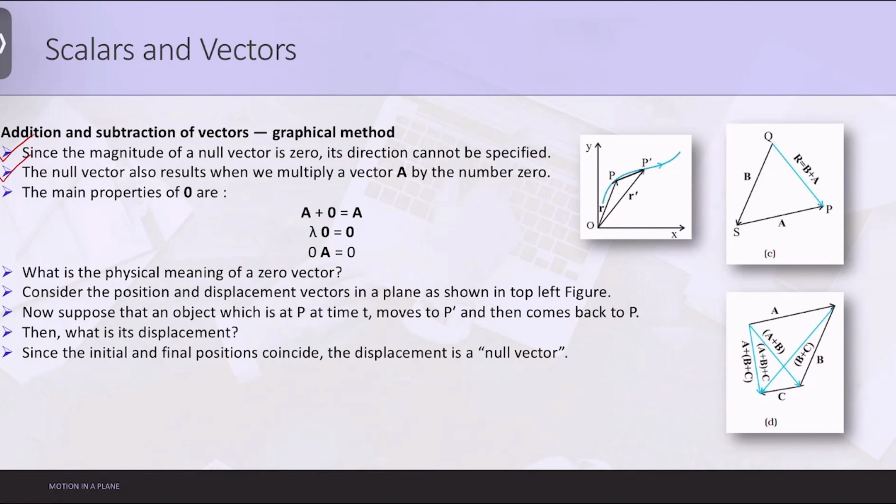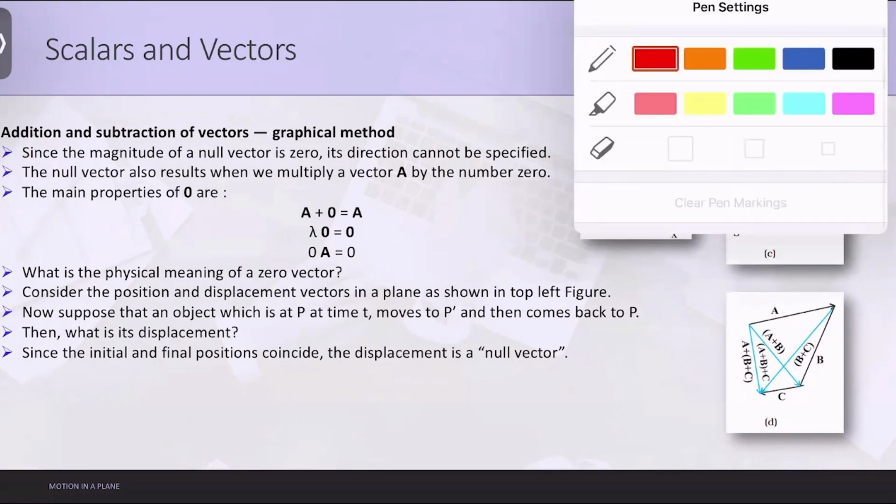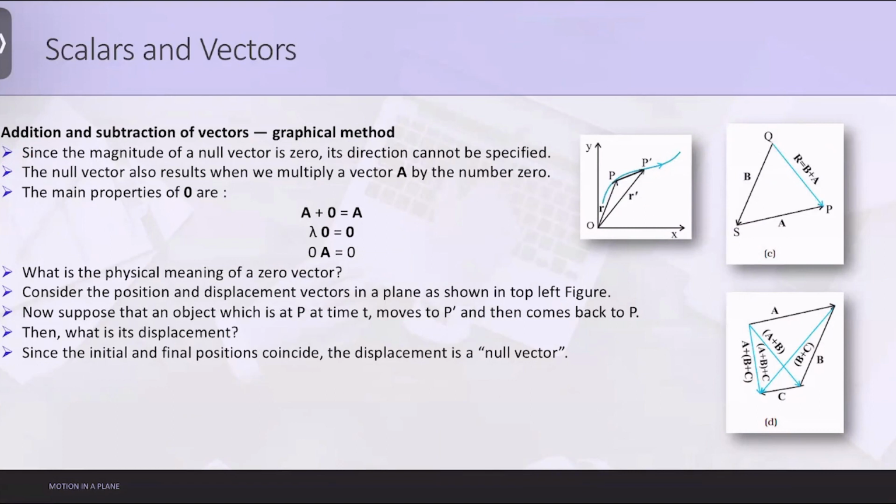As we understood in the previous example, when we consider multiplication by a real number, let us say there is a number lambda and we multiply this by A; if lambda is 0, then what we get is nothing but a 0 vector. That is the explanation we talked about. Again, a property of vectors. Okay, so the null vector also results when we multiply a vector A by the number 0.